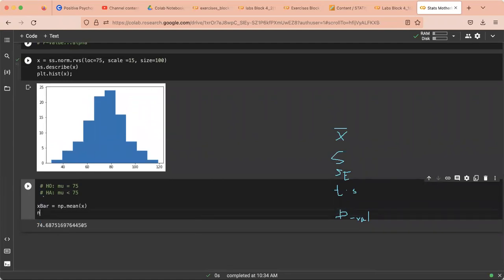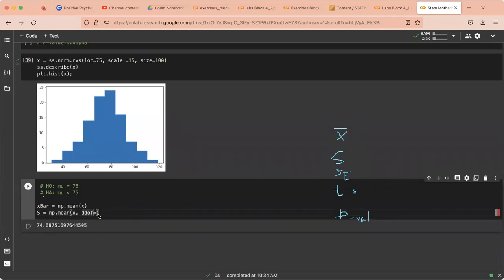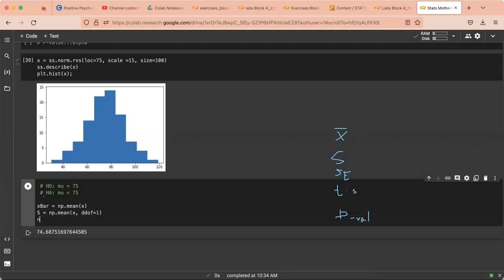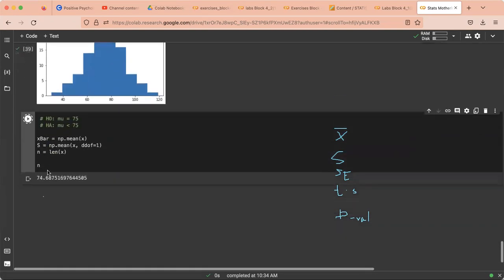So our S is equal to np.std of x, with ddof equal to 1. Then we can do n is equal to len of x. Just let me make sure that the n is working.